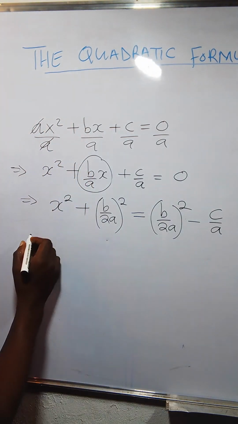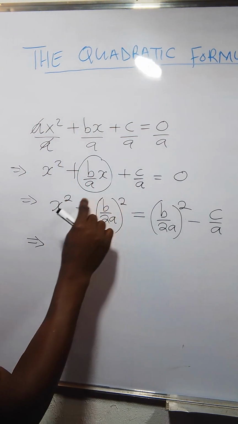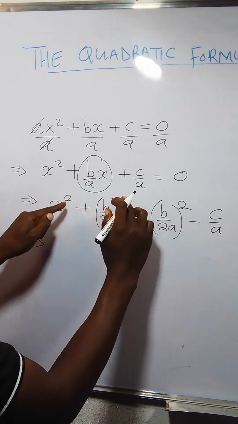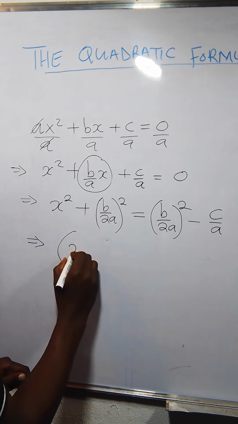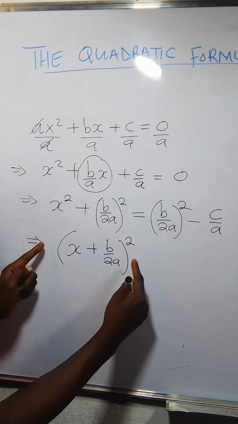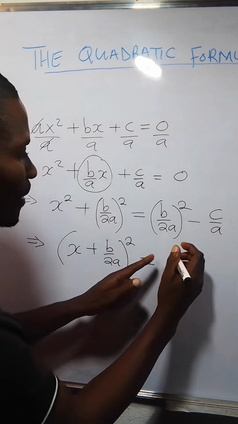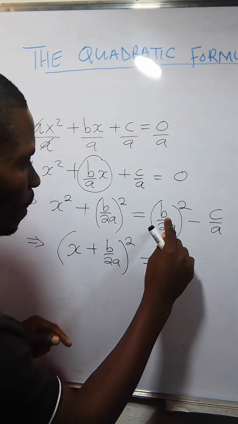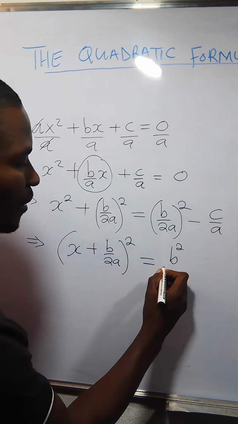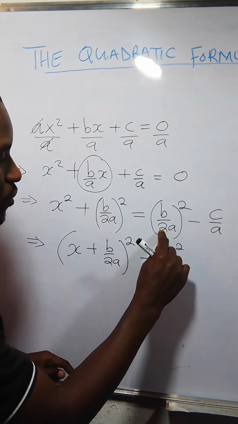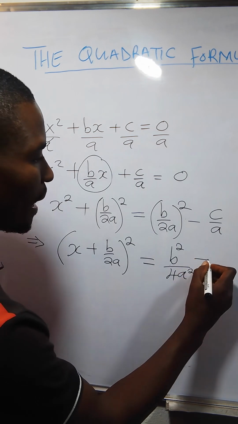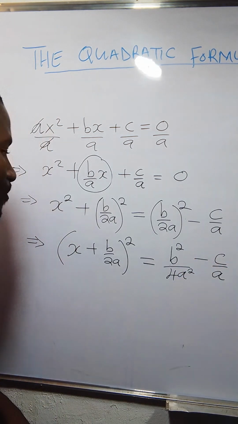Now because the powers are equal, because they are raised to the power 2, this is going to be open bracket, x plus b over 2a, and then you square. From there, this is going to be b squared over 2a squared, so 2 squared, that is 4a squared, minus c over a.